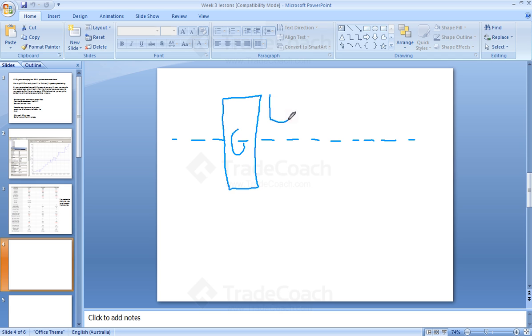Then we have two candles, and they can do whatever they want. But then we have a red candle, and the close is below the gap, so here's my close down here. Now I find that significant because the gap is an important point, and price should be bouncing off it or giving it some real respect and moving either side of it or passing through.